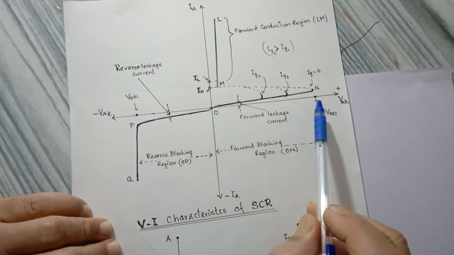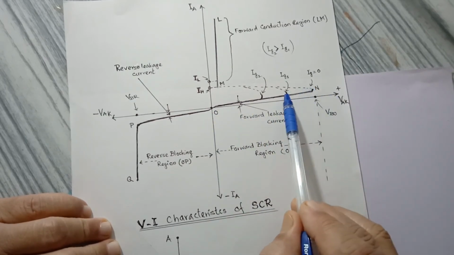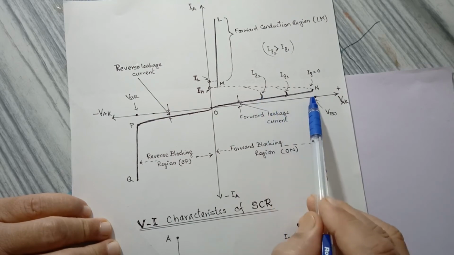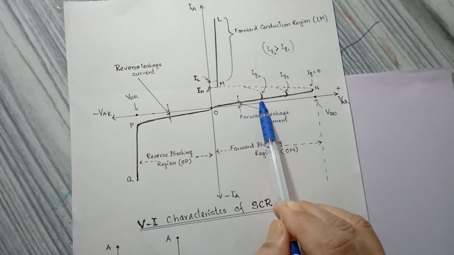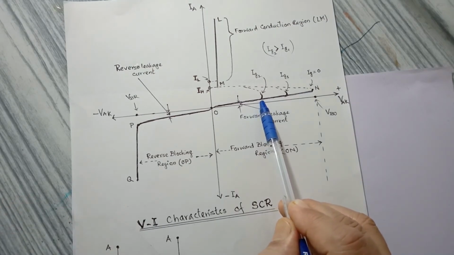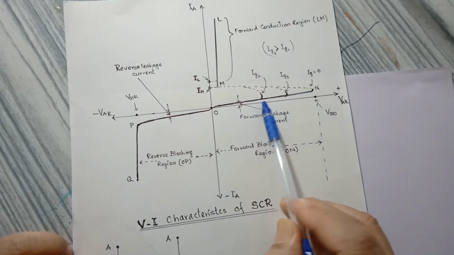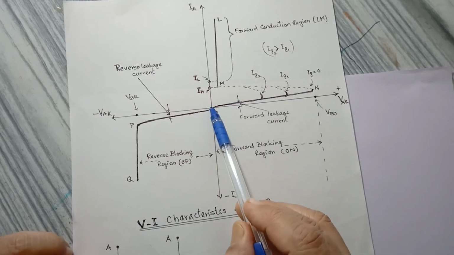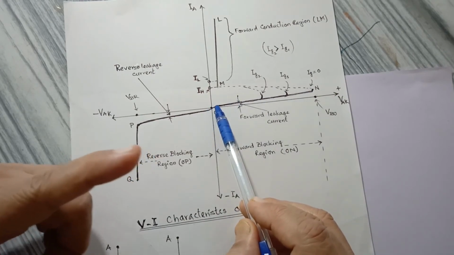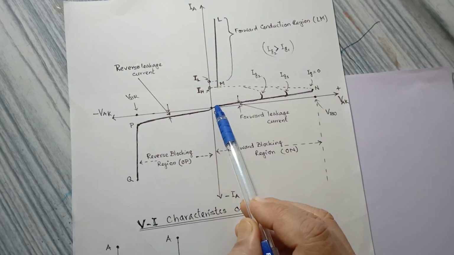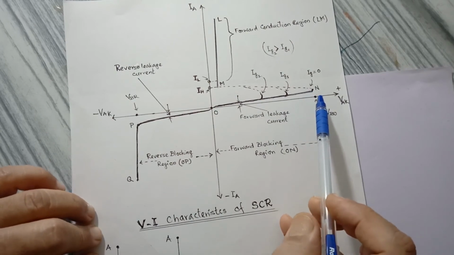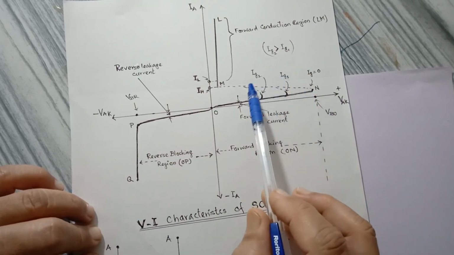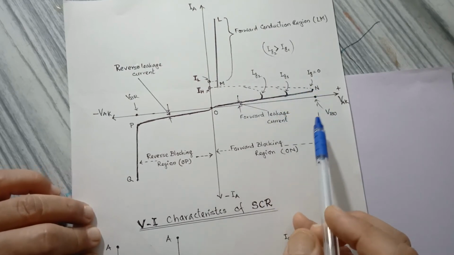As we have seen, as the gate current is more and more, the SCR fires at lower and lower anode voltage. And this is a very interesting thing. In the case of an ordinary PN junction diode, the moment the diode becomes forward biased, it begins its conduction at just the 0.6 volt level. Here we have control on the turn on voltage of this switch, and who has control? This is the gate current.